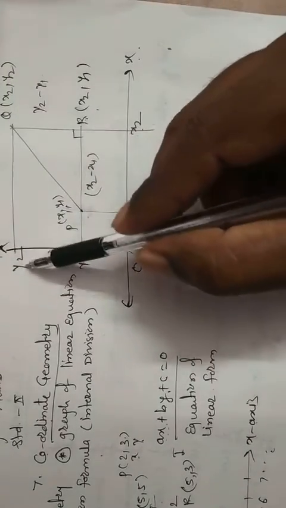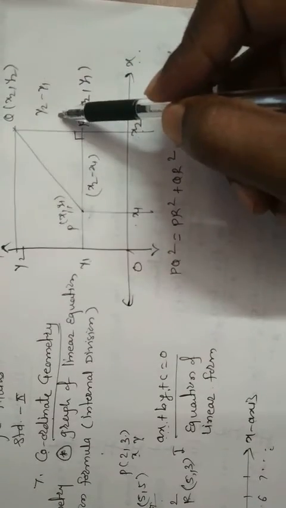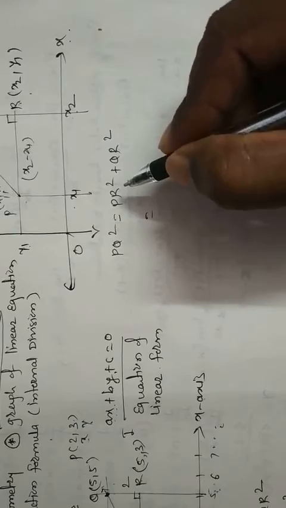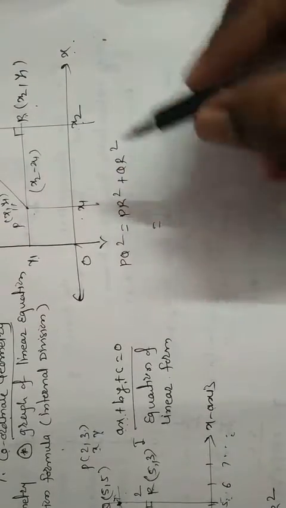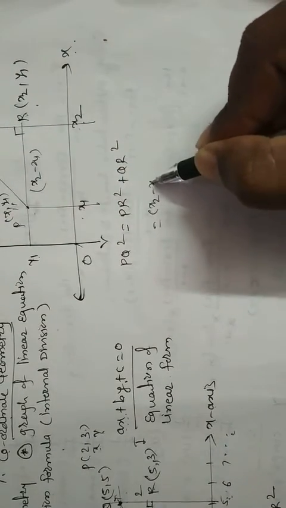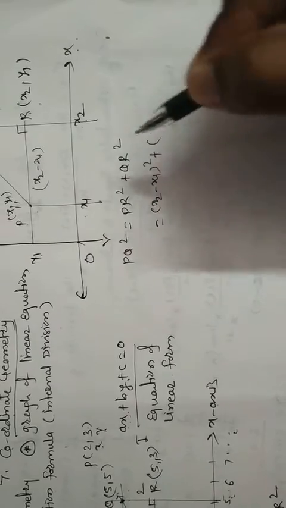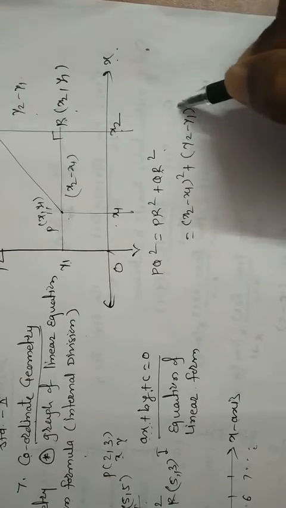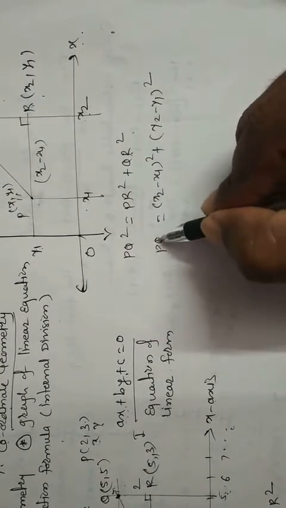So same criteria, same format: y2 minus y1. Then PR square is x2 minus x1 square, plus QR square is y2 minus y1 square. This is called PQ square.